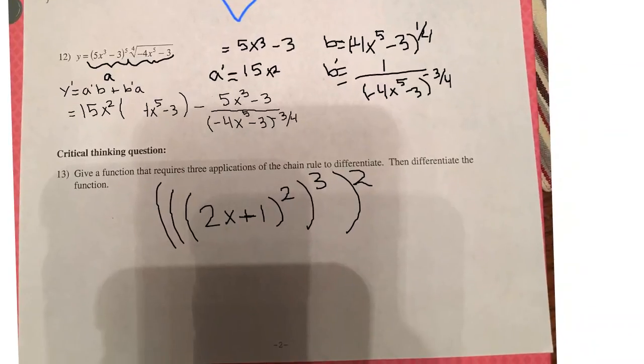So for number 12, I approached this with, I don't know, it's not a real different mindset, but let's see. I just write right here, I say this first little guy here is A, and then I say that the second one is B, and so then I go through and just find the derivative of each of those.